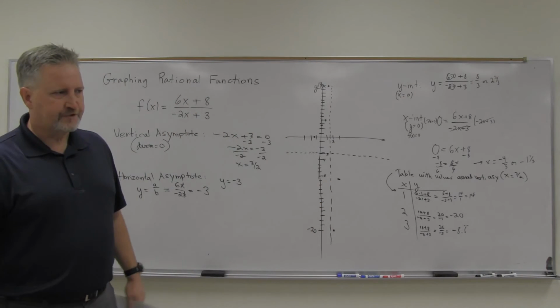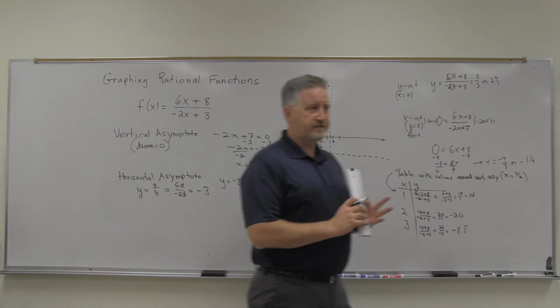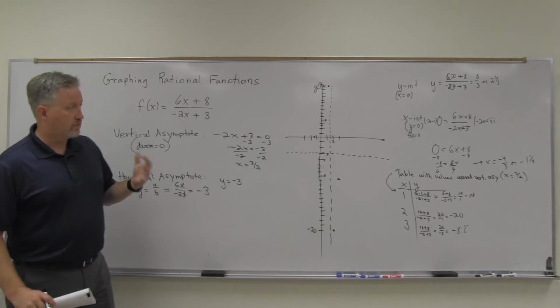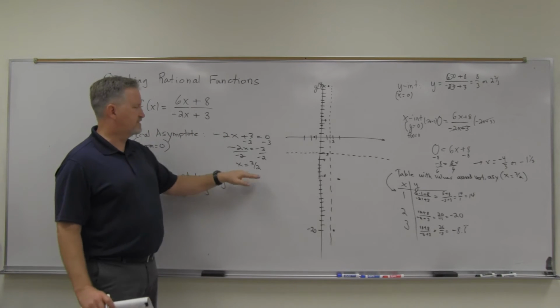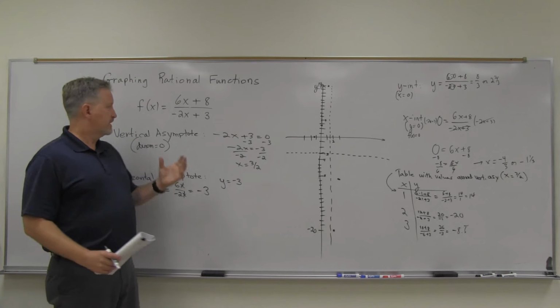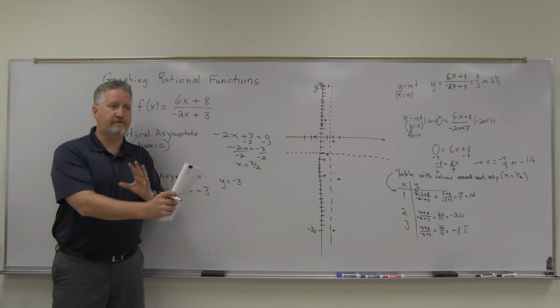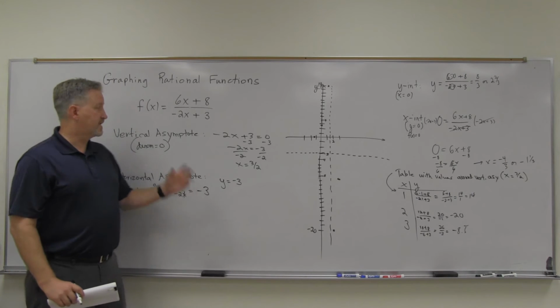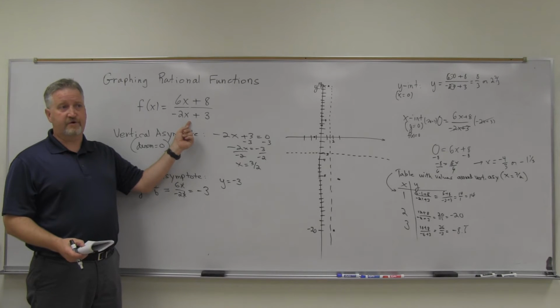Okay, so here's how that helps me. What I saw on our previous work was that vertical asymptote. It's a vertical asymptote because that's where the denominator equals 0. And I can't cross that line because that would make the denominator 0, and that's not a defined expression.